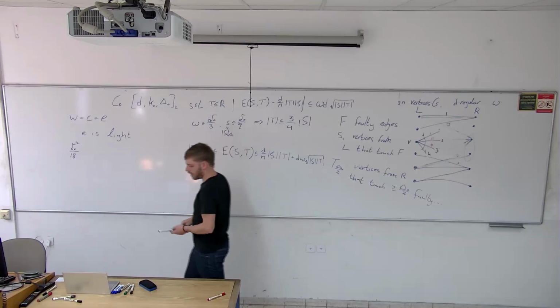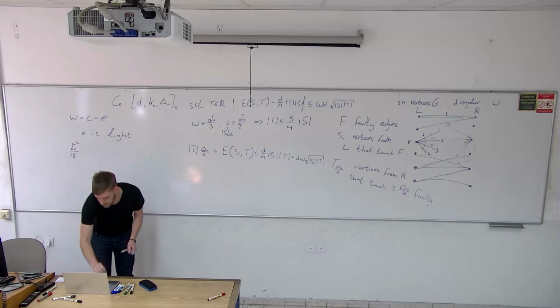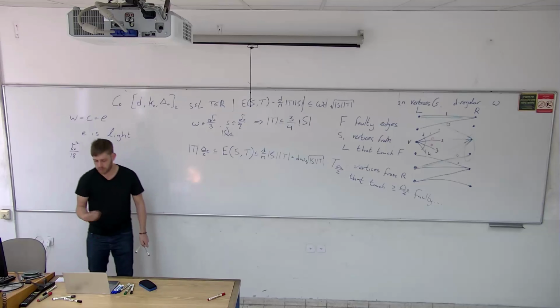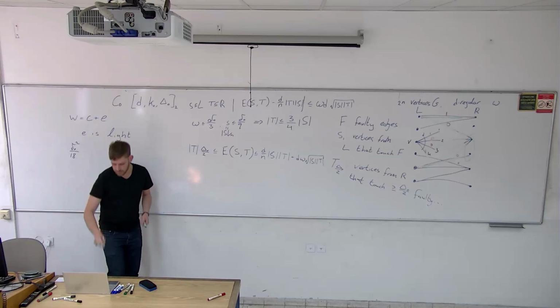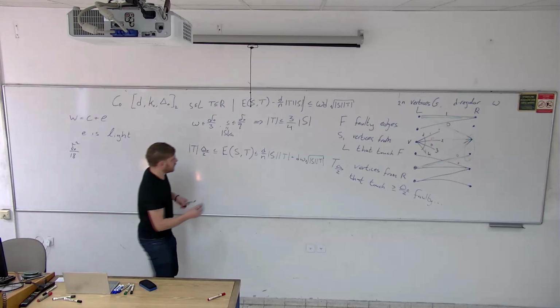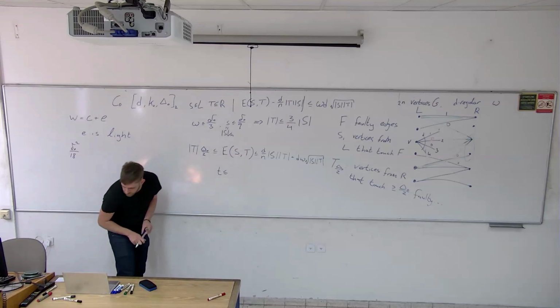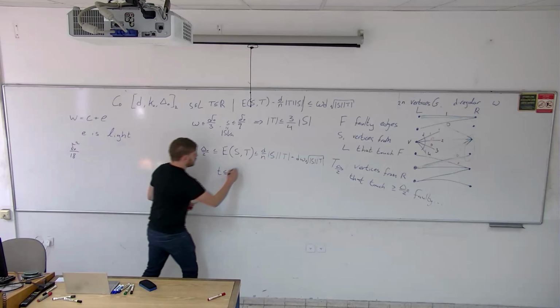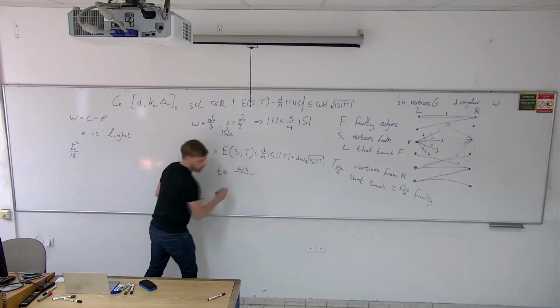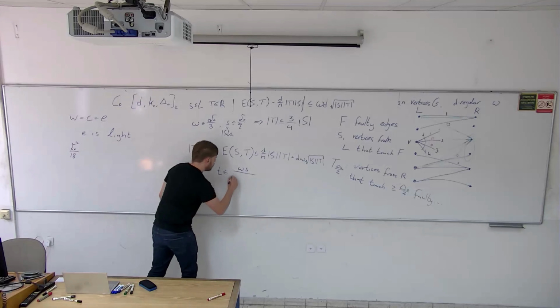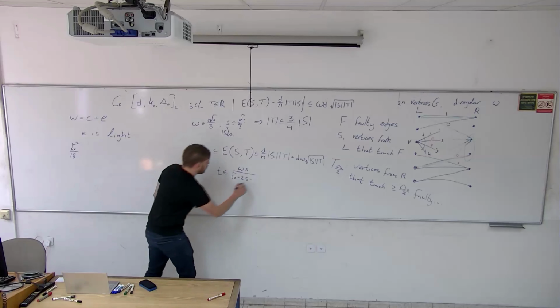So this is the bound, and now I'll skip the same tricks as before with the inequality of means and so on, and I'll tell you that this gives me T smaller than omega S over delta mu 2S minus omega.